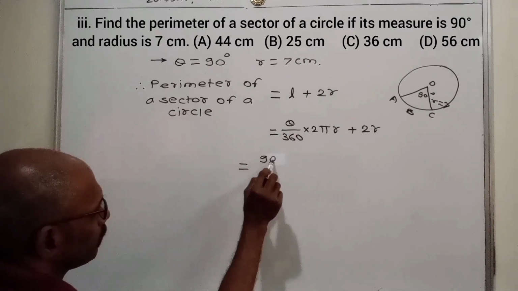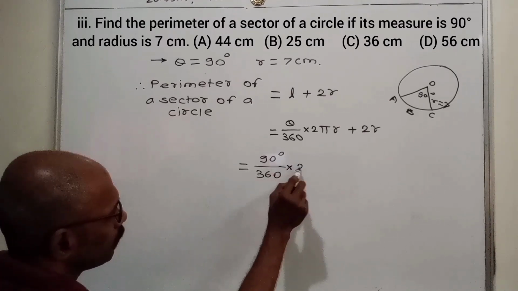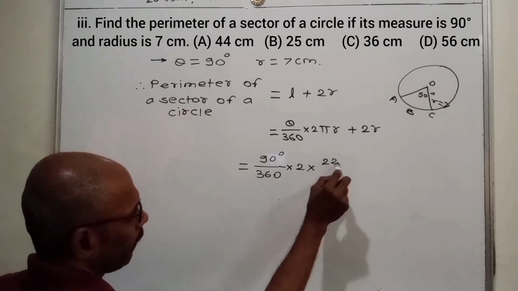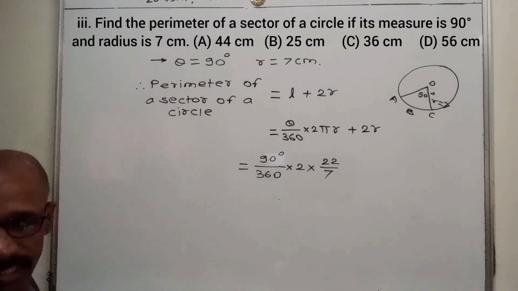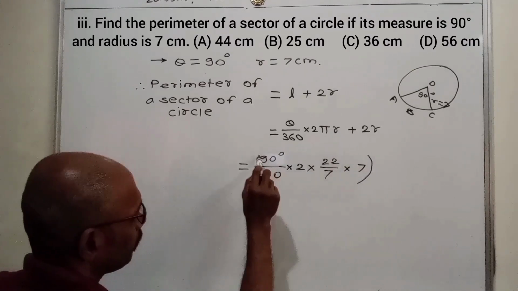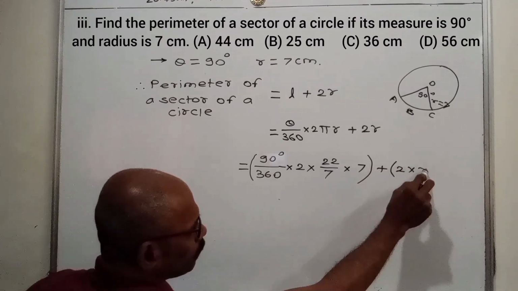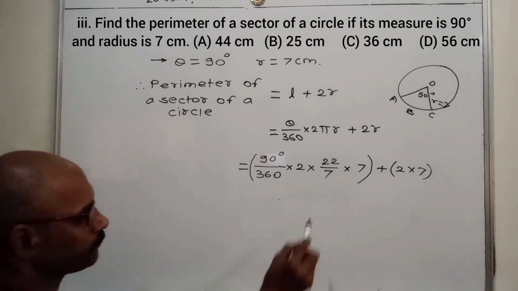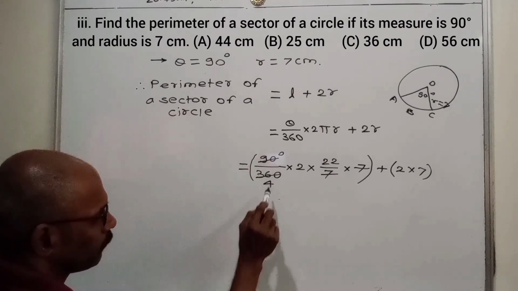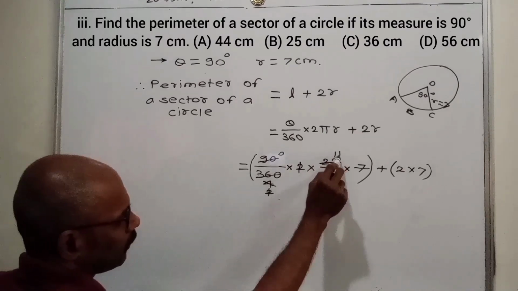Theta 90 degree upon 360 into 2 into value of pi, we write 22 upon 7 into radius 7 plus 2 into 7. 7 cancelled. 90 fours are 2, 2 twos are 2, 2 elevens are 11.